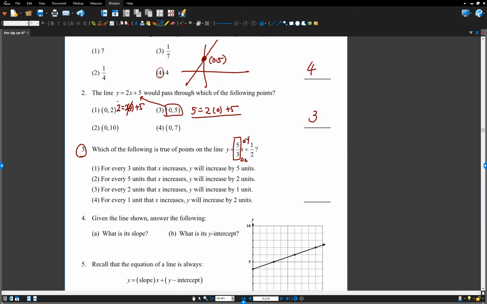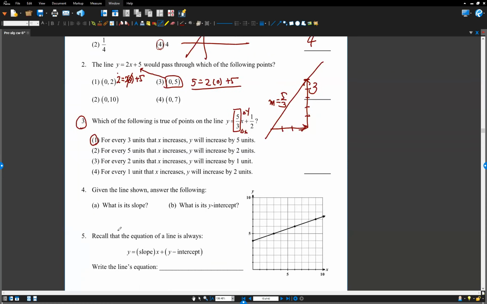So every 3 units that x increases, y increases 5 units, right? Every 3 units to the right, 1, 2, 3, is about a 5 unit increase. That's the slope. We said slope is 5/3. So choice 1 is the answer, right?